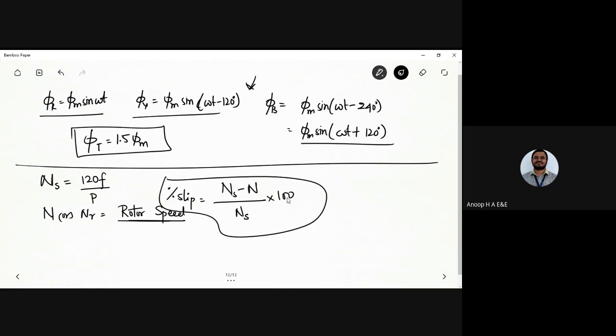So ns minus n, or we can call it nr also, divided by ns into 100. You need to take the reference as ns, which is ns minus nr divided by ns into 100. Ns minus nr we call the slip speed.